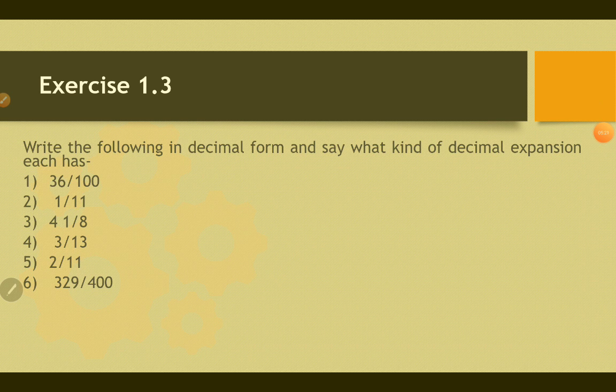Next is 329 by 400. So 400 is outside, 329 is inside.